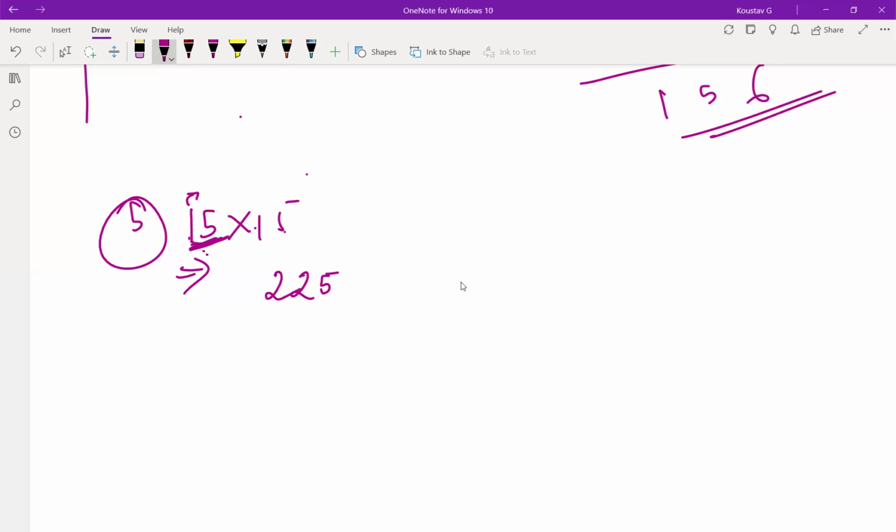Next, suppose 25 multiplied by 25. What will you write? Write 25 at the end. Now what is the next digit of 2? It's 3.